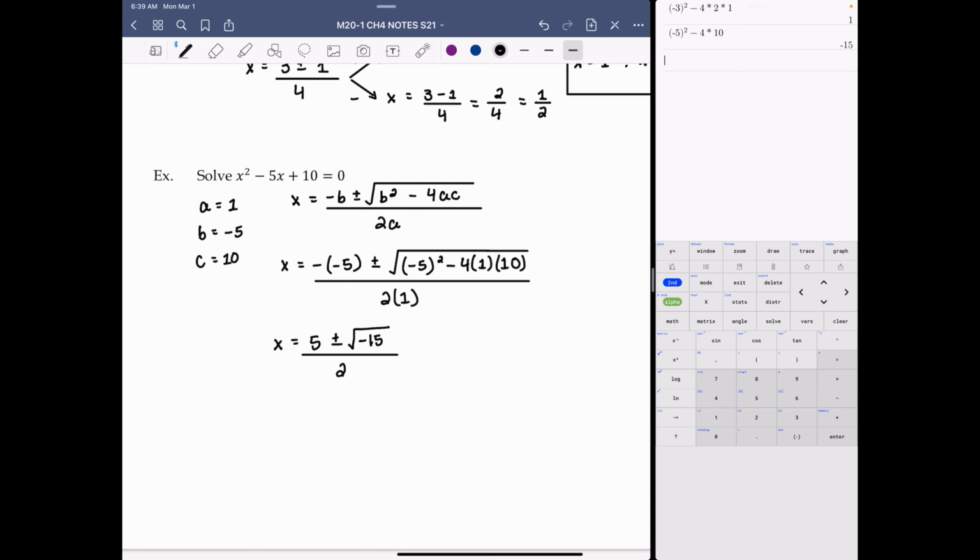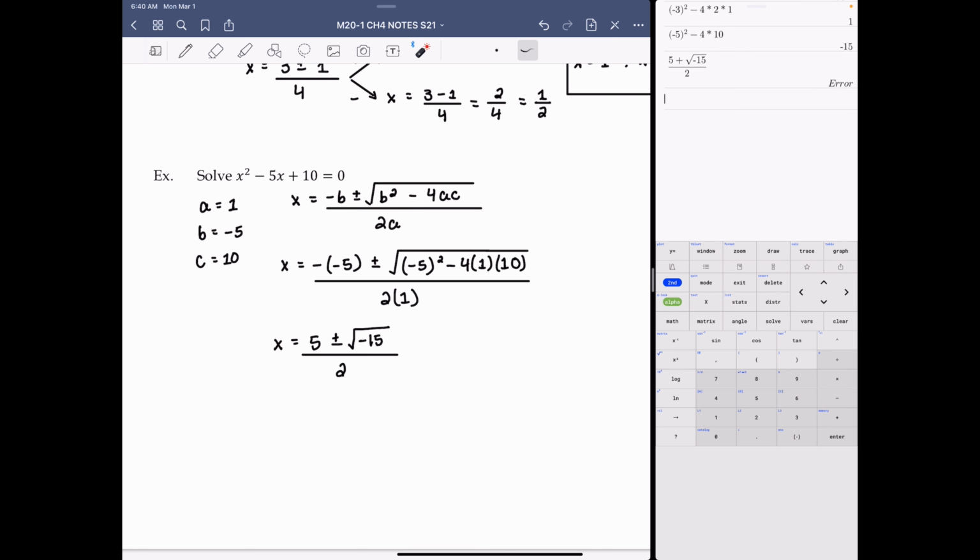What do we notice here? We have the square root of a negative number. Can we take the square root of a negative number? No, we can't. So if we were to plug this into our calculator, fraction on the top, 5 plus square root of negative 15, and then on the bottom of the fraction, 2, and we get error.